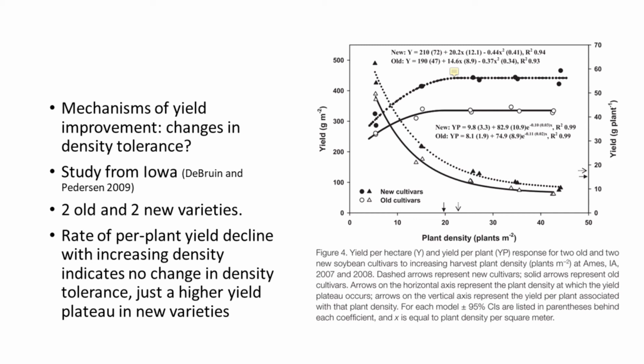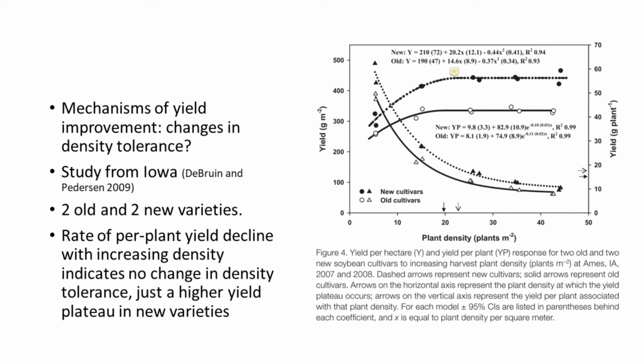Now, let's go to yield expressed per unit land area. Those are the two highest lines where you see a plateau. It rises with increasing plant density and then reaches a plateau. What we see here is that the plateau, the optimum plant density, is again quite similar between the new and old varieties.